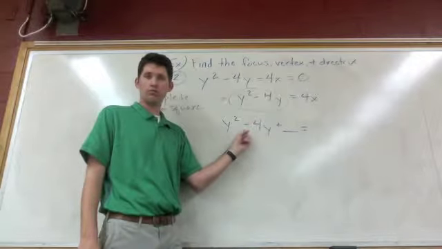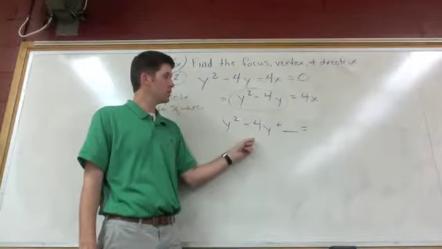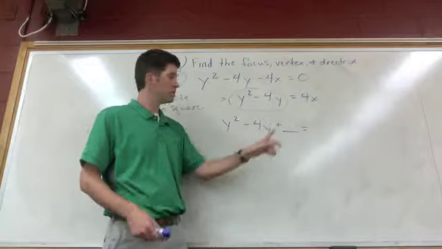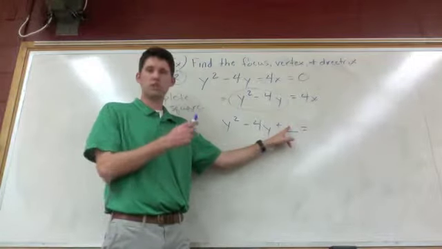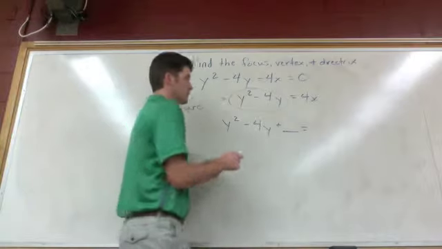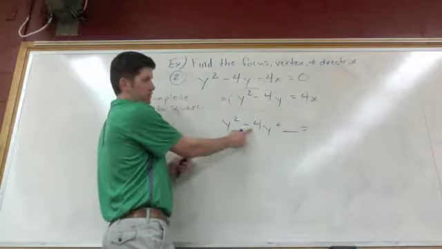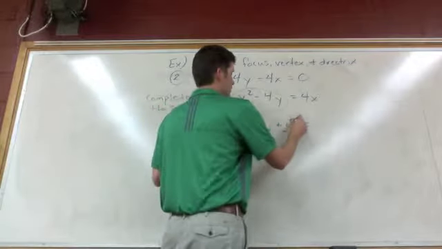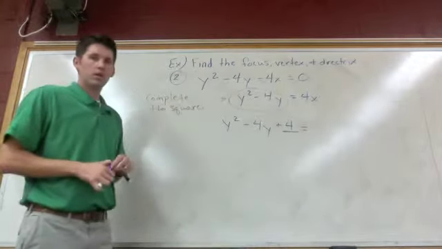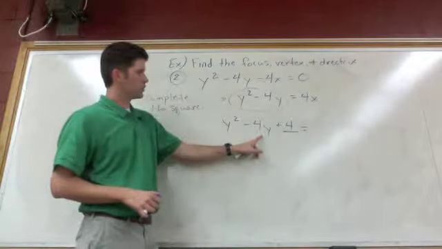So take negative 4 divided by 2, which is negative 2, multiply it by itself, and then we get the number that will complete the square for this expression. So half of negative 4 is negative 2, multiply negative 2 times itself, and that will be 4. So 4 will complete the square for us.